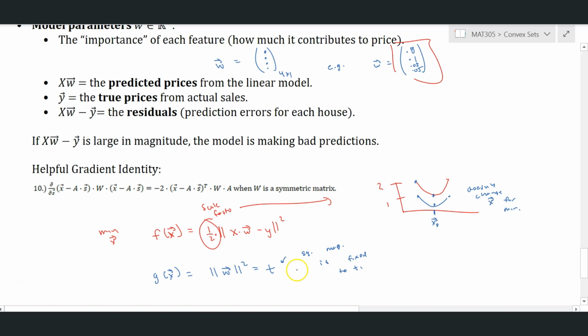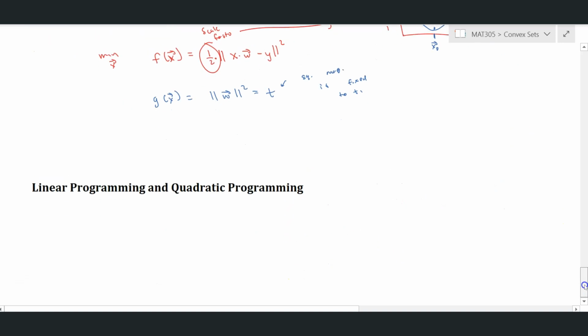Okay, that's just the size of it. It could be 1, it could be 10, it could be whatever you want it to be. So I shouldn't call this g of x. g of x needs to be set equal to 0, and so it's actually going to be the magnitude of w squared minus t. So when you set that equal to 0, that's how you get your g of w.